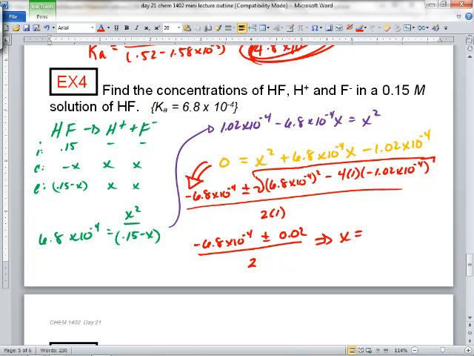So the minus 1 doesn't make any sense, so I'll get a negative answer. I'm going to have to add it. 0.0195 is what I got for my x. Yeah. I have 0.0097.